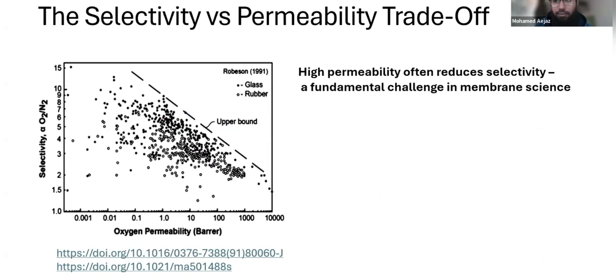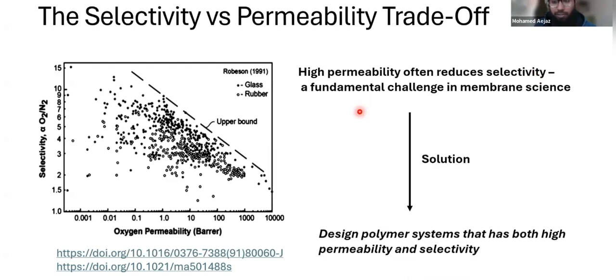Again, I'll reiterate the same point, because you're going to see the same kind of plot throughout the remainder of the talk. I have a few slides remaining, but high permeability often means that you have reduced selectivity, and this is a fundamental challenge in membrane science. So what could be the solution?